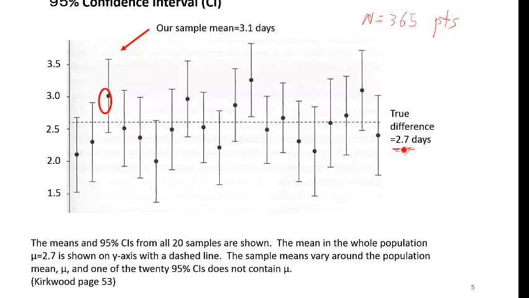And here is a mean. This is a mean of 365 draws. This is another mean of another 365 draws. This is another mean of another 365 draws. And here is what we observed. What we observed in this study is a difference of 3.1 days.